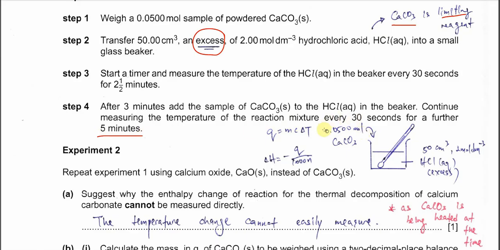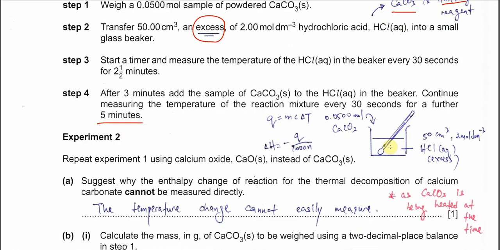Add the calcium carbonate solid into the acid and we measure the temperature. We can get the delta T from the graph later. Once we get the delta T, we can get the enthalpies.